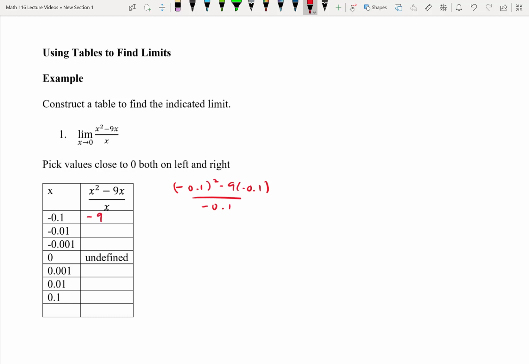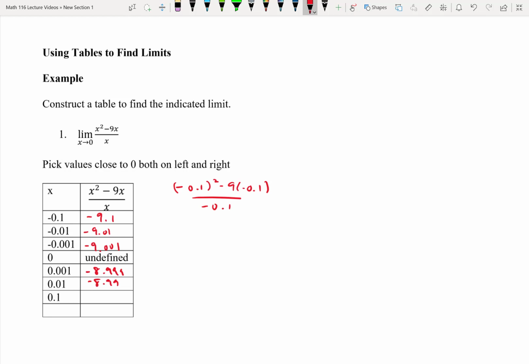And I get -9.1 approximately. When I plug in -0.01, I get -9.01. And when I plug in -1/1000th, I get -9.001. At 0, it's undefined. And then we're plugging values in on the right side. So when I plug in 0.001, I get -8.999. 1/100th, I get -8.99.